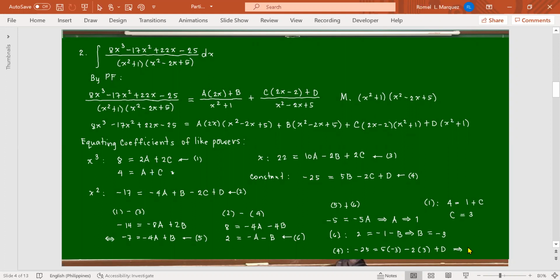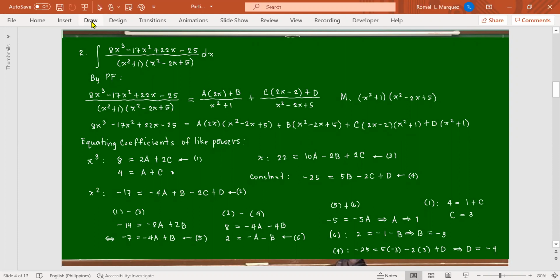So what is d? We have negative 25 plus 15 plus 6, which is negative 4. So d is negative 4.